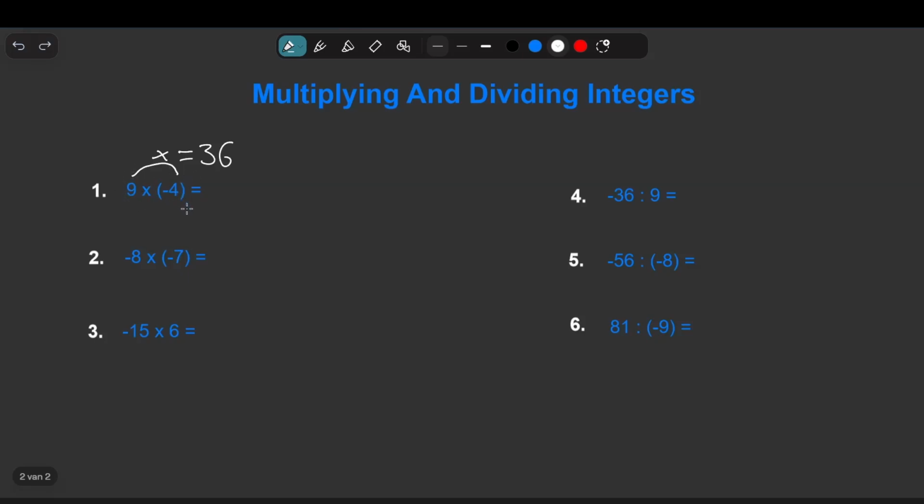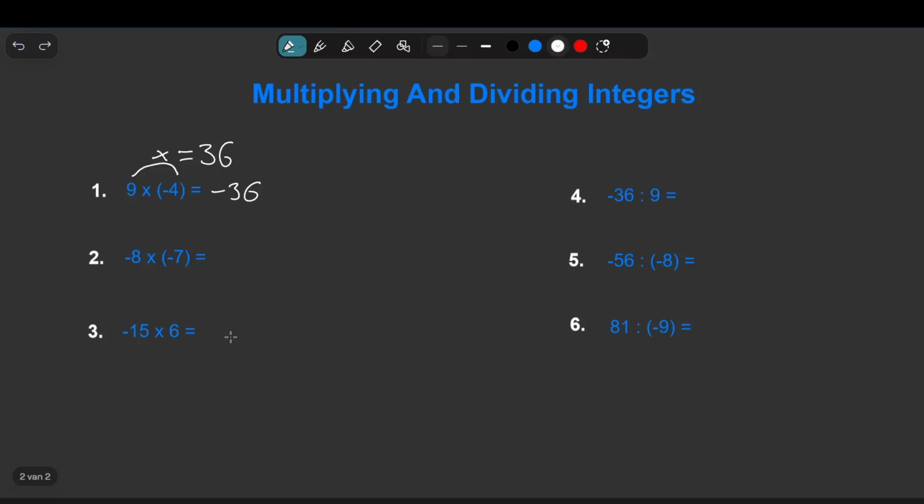And again, if the signs are different, it's always a negative answer. So our answer is going to be minus 36. What I personally like to do is first multiply the two numbers like we did right here, and after that, look at if we have the same or different signs, and then you can know if it's a positive answer or a negative answer.